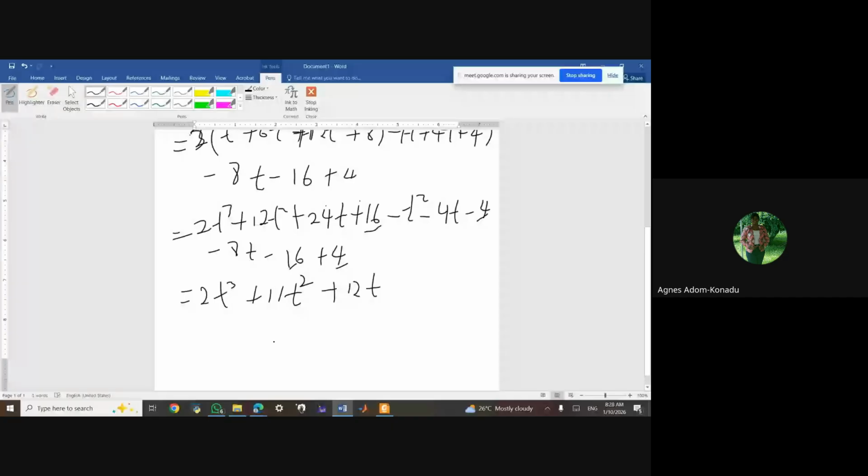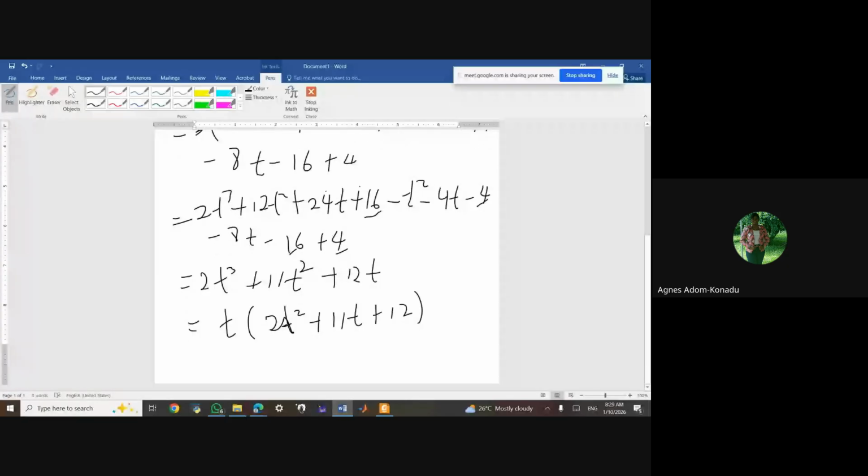We can see that this polynomial function has 0 as its 0, because we can write this as t outside, then 2t squared plus 11t plus 12. So you can see that t equal to 0 is a factor of this.